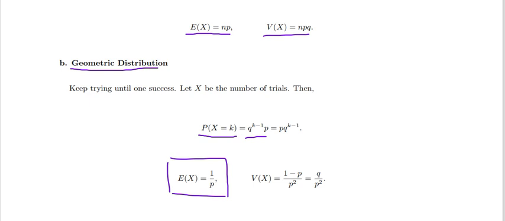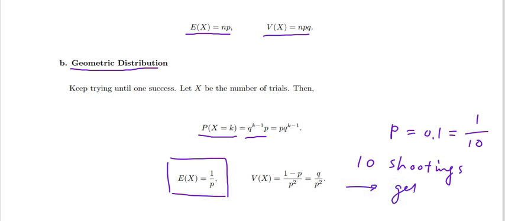Suppose p is 0.1, which means 1 over 10: among 10 shots, you can get one target.